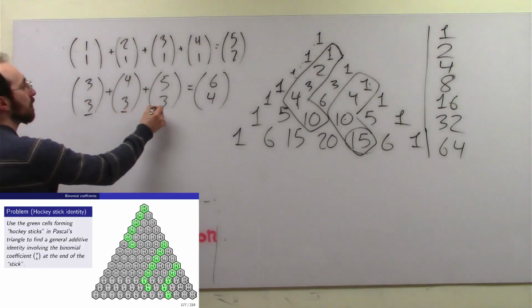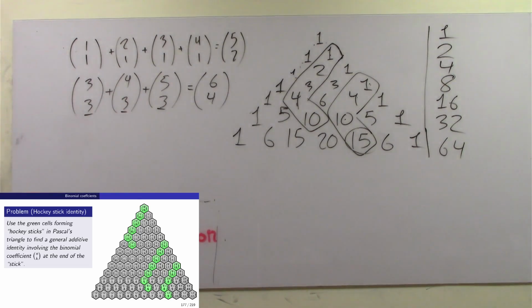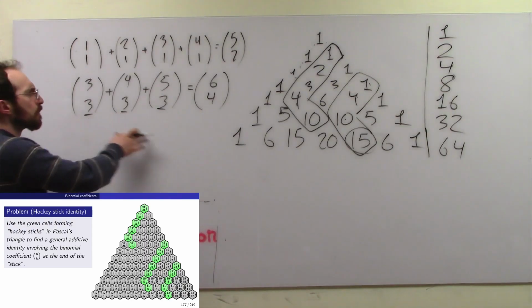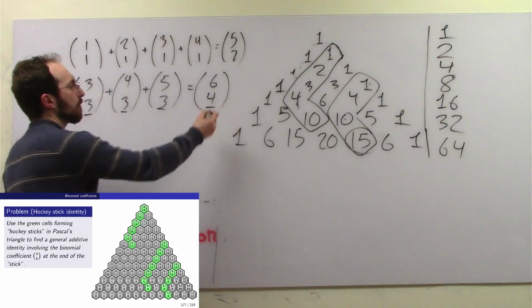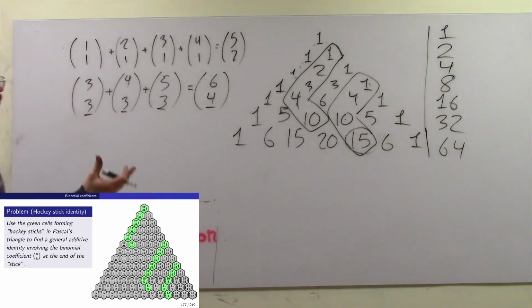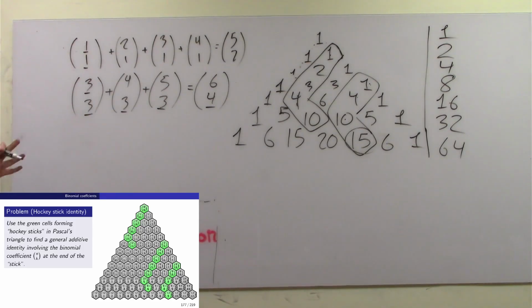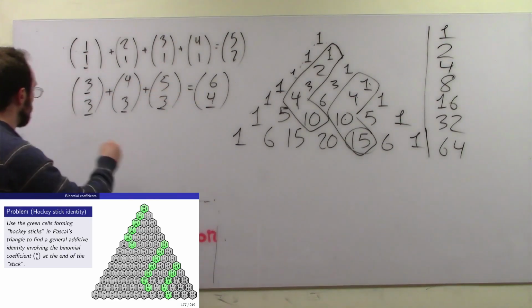So we fix the k in our binomial coefficients on the left, and they add up to one that is greater. Okay, that's one part of it. We always start with a binomial coefficient that's n choose n, and then we start just adding from the top there.